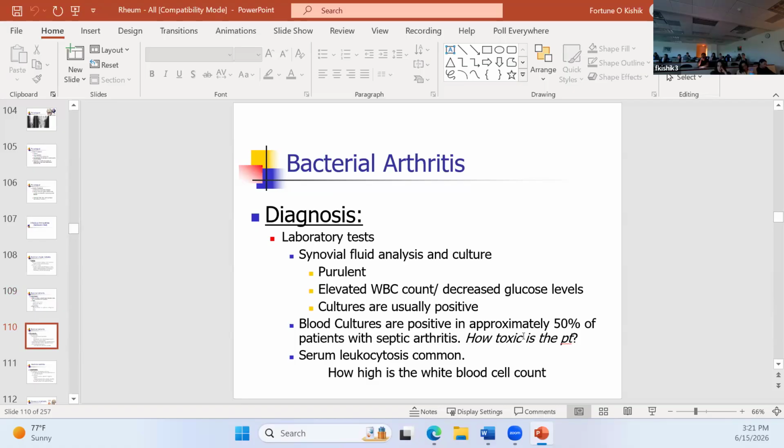You can go ahead and put a needle in there, aspirate everything out, send it down to the lab, and the lab will send you some results back saying, we received that aspiration that you collected from the joint line. Within that specimen, we see certain things. We see the specimen is purulent. When we checked it out, it had an elevated white blood cell count. We also found that the specimen has decreased sugar levels.